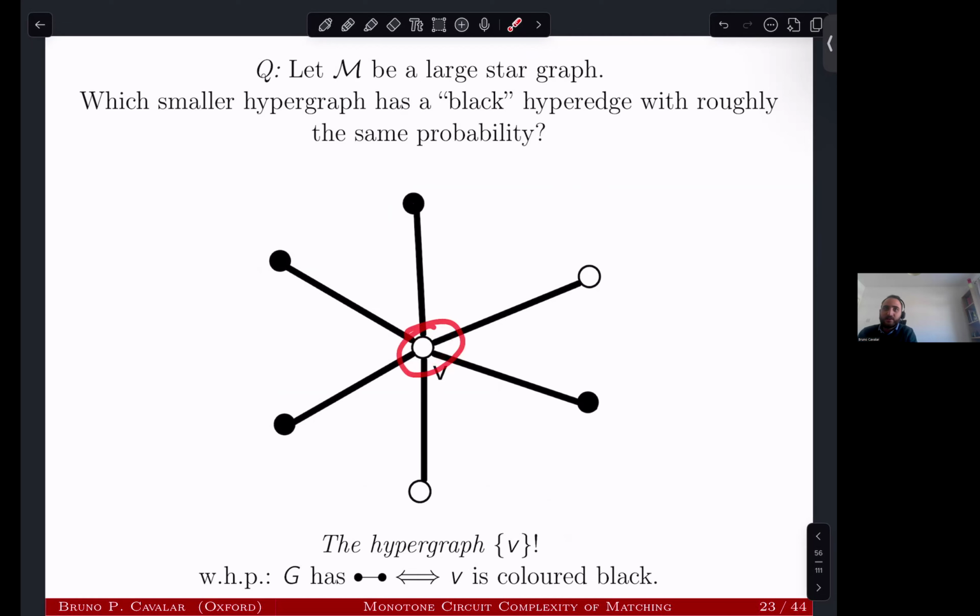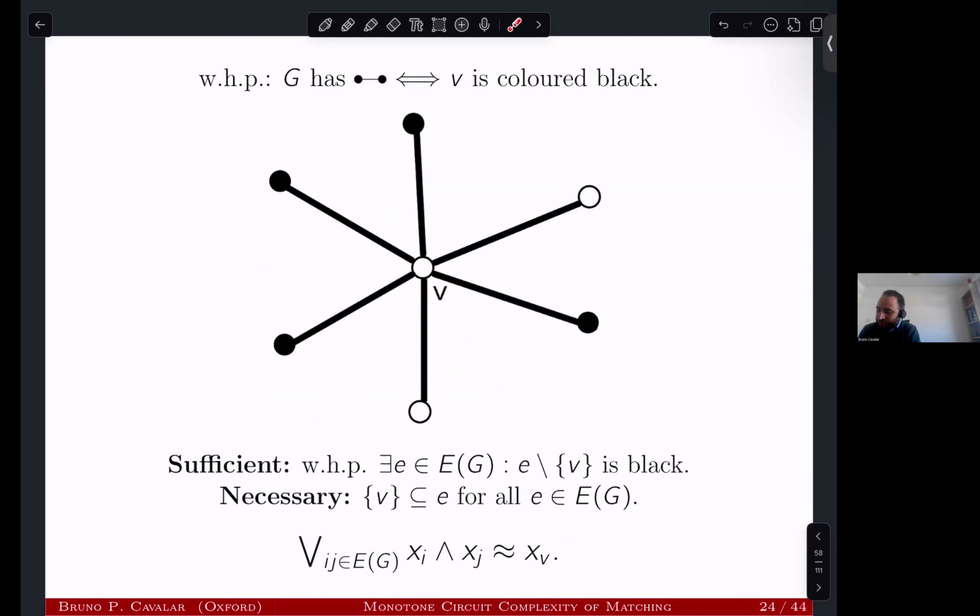So what I just said is that it is sufficient: with high probability, there exists an edge which, if you remove the vertex V, is going to be black. And it's also necessary because V is contained in all the edges.